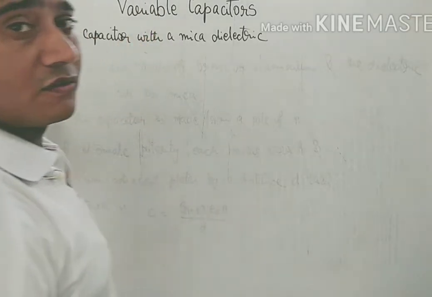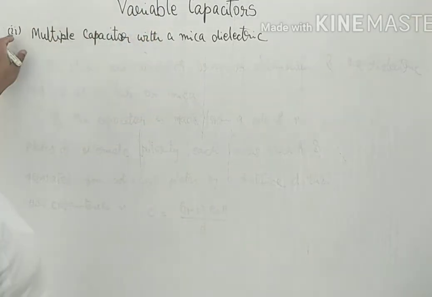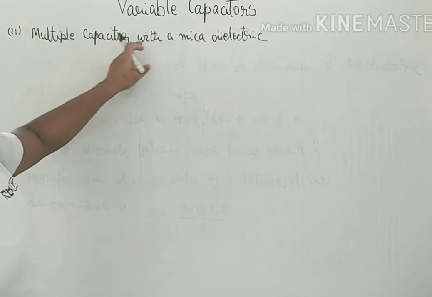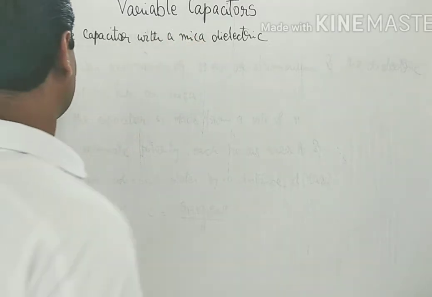The second type of variable capacitor is the multiple capacitor with a mica dielectric.